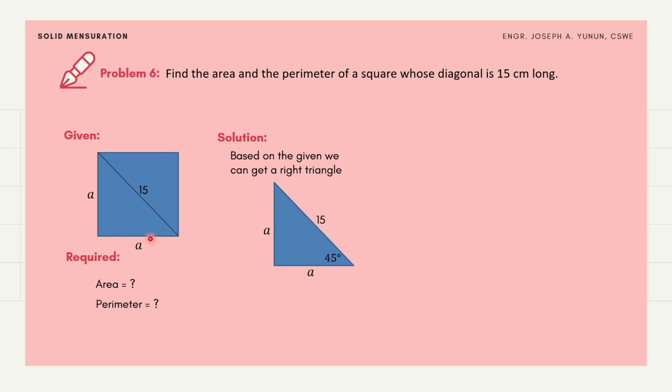Take note of that: whenever you draw a diagonal and take a right triangle from a square, the angle is always 45 degrees. I could only solve one side because all sides are equal. I could solve for side a, using either cosine or sine. Solving for side a, I'll use cosine, which is adjacent over hypotenuse, 15.